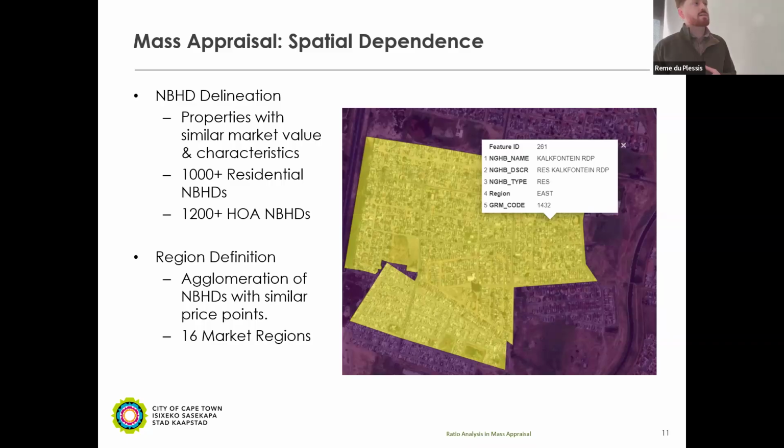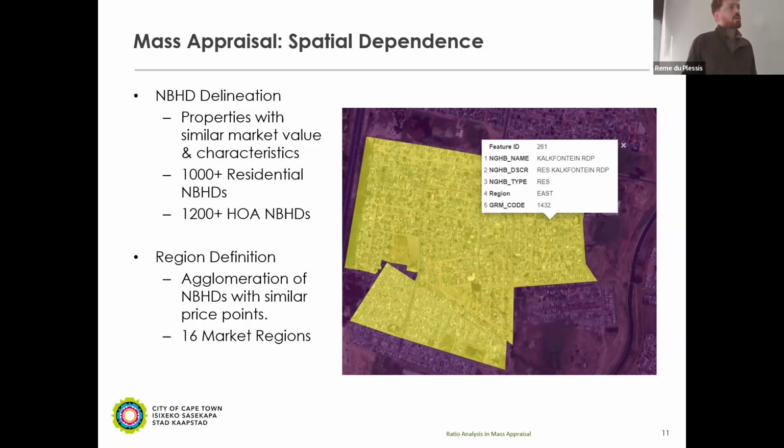Here on the right-hand side is just an example where we were doing a bit of QA to see where the changes were brought about in our neighborhood delineations. There is a neighborhood here, Kalkfontein RDP, where we wanted the boundaries extended at the bottom to include a new part of the neighborhood that had been constructed since the previous file was put up.